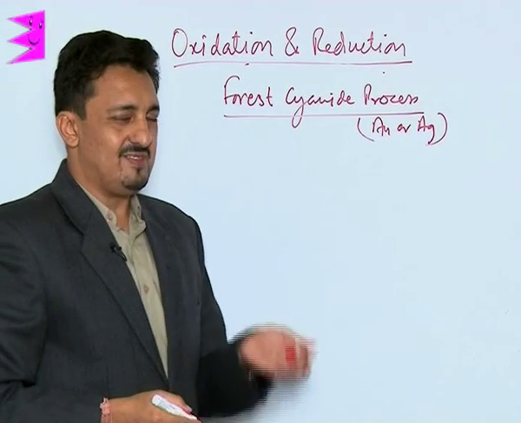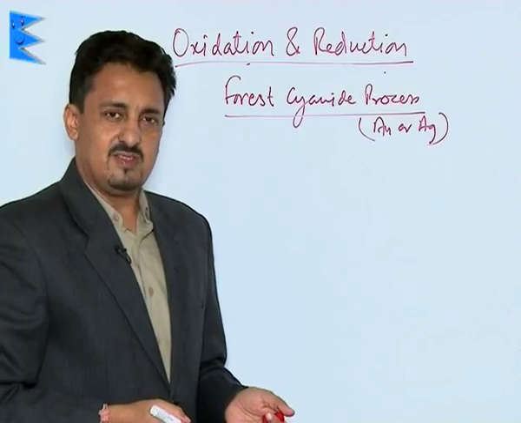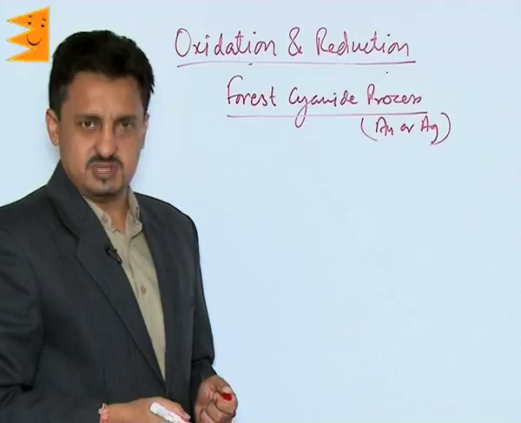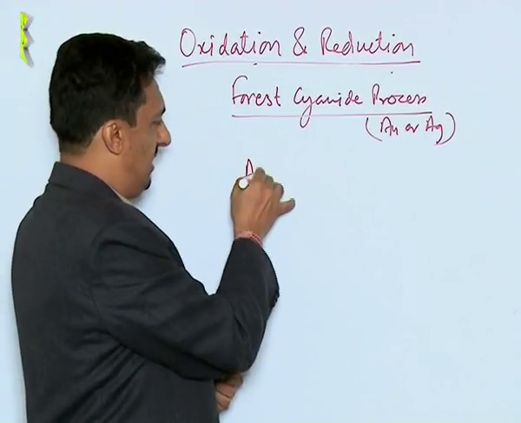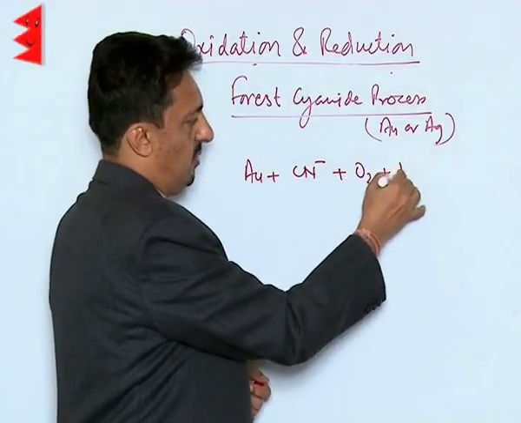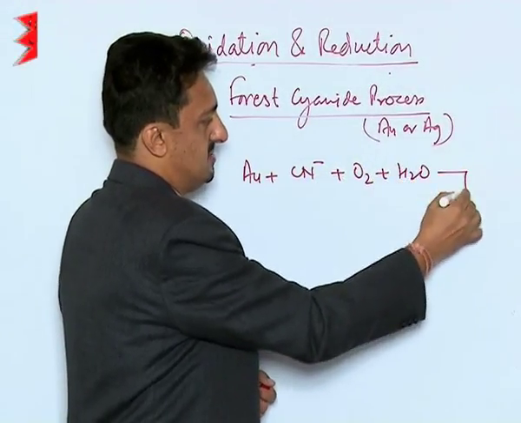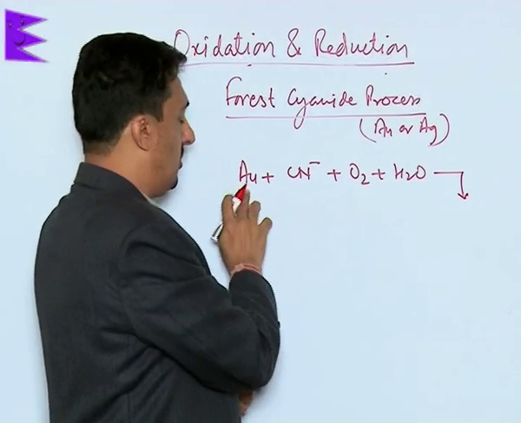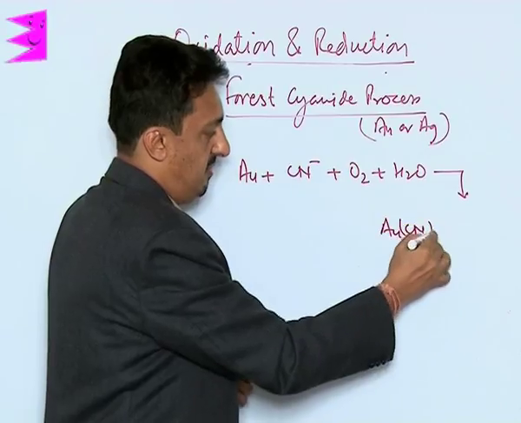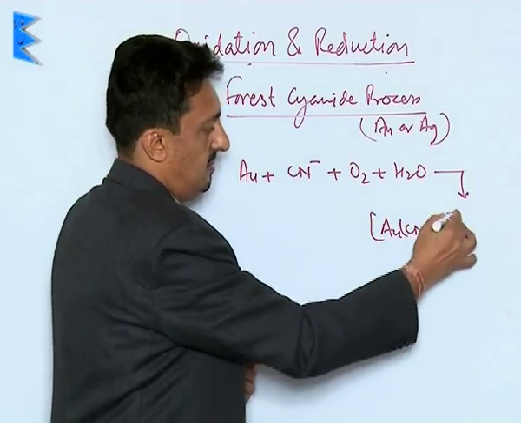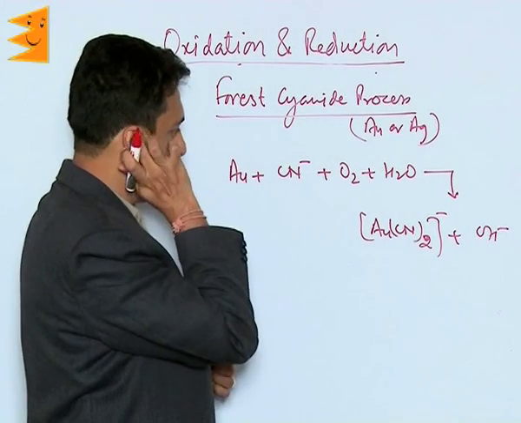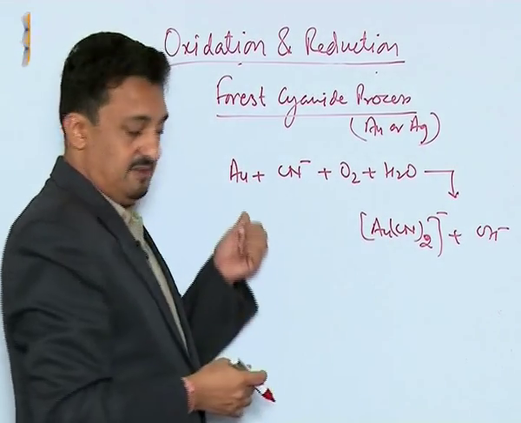The ore is dissolved in 0.5 to 0.7% sodium cyanide solution in the presence of oxygen. If we have gold dissolved in cyanide solution in the presence of oxygen and water, the gold gets dissolved and forms a complex, along with OH minus. This is the reaction taking place here.